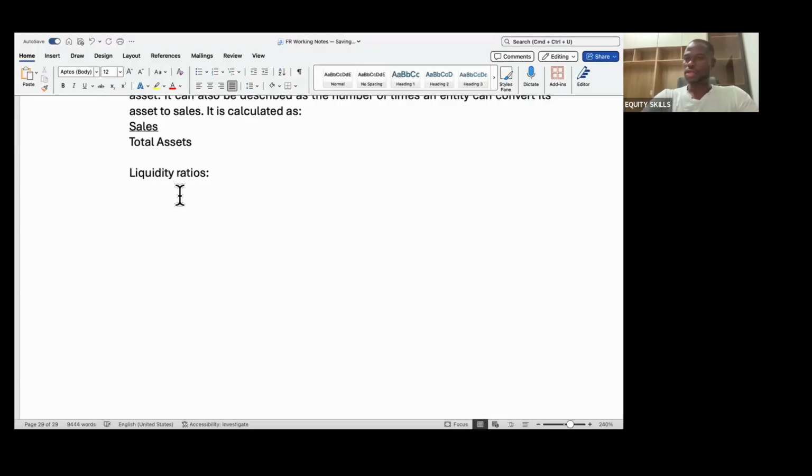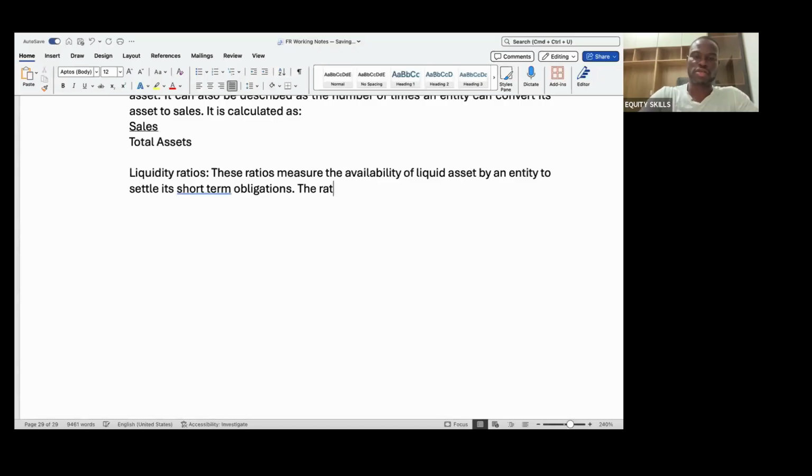And these ratios here measure the availability of liquid assets by an entity to settle its short-term obligations.